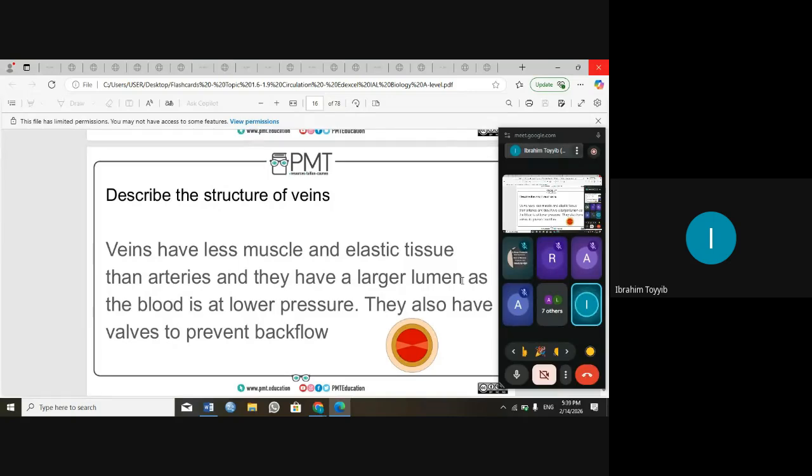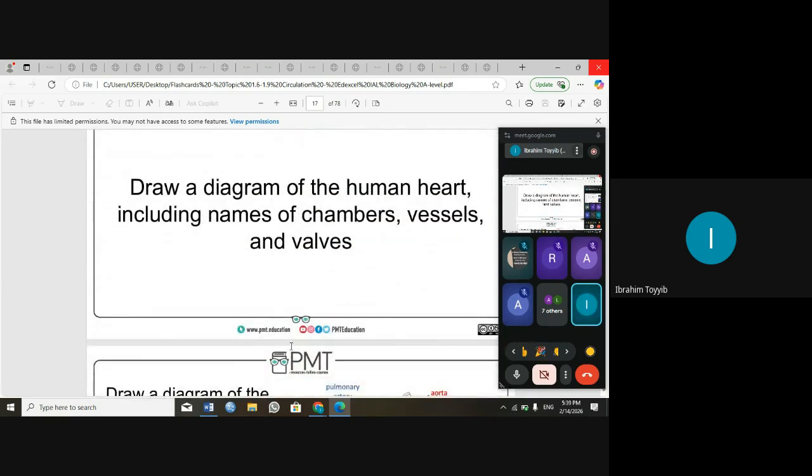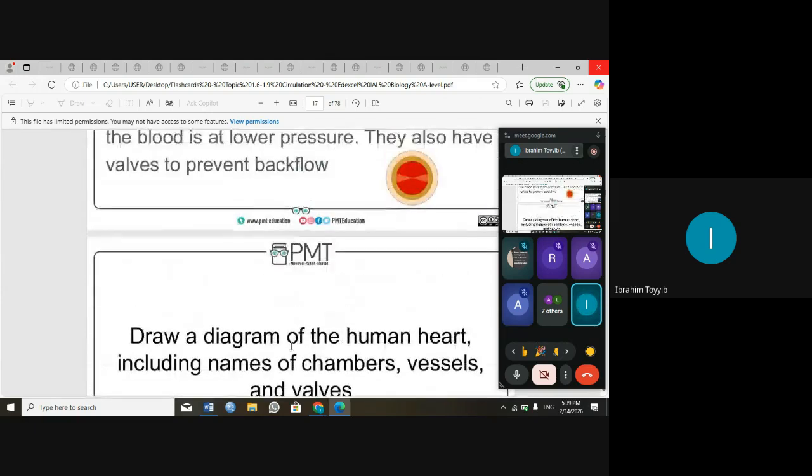So don't forget, the artery has what? A small, narrow lumen, while veins have a large lumen. As the blood is at lower pressure, they also have valves to prevent backward flow. So now you know the features of the vein structure, the capillary structure, and the artery structure.